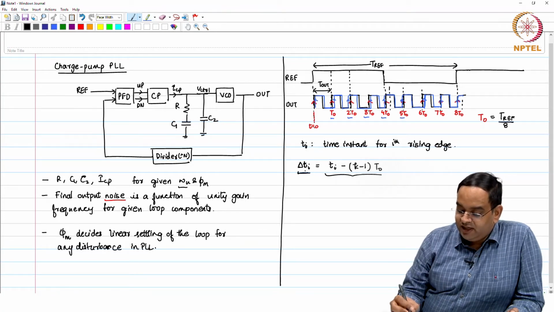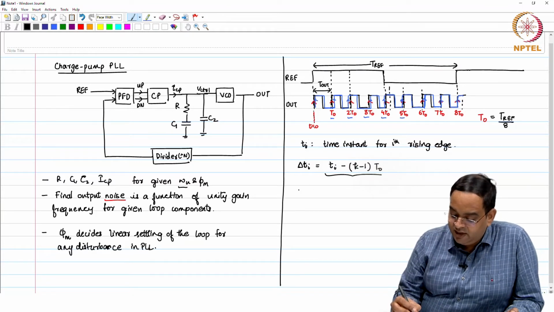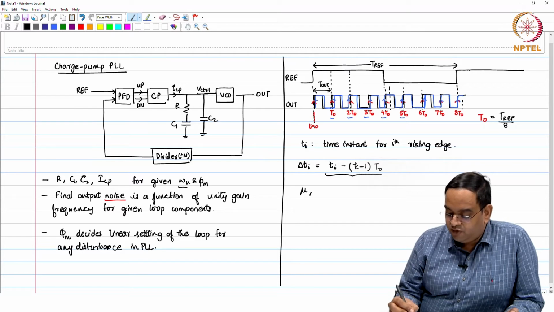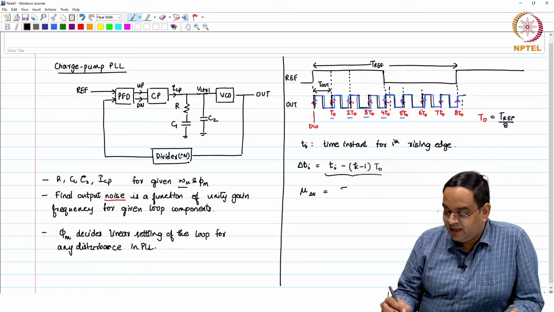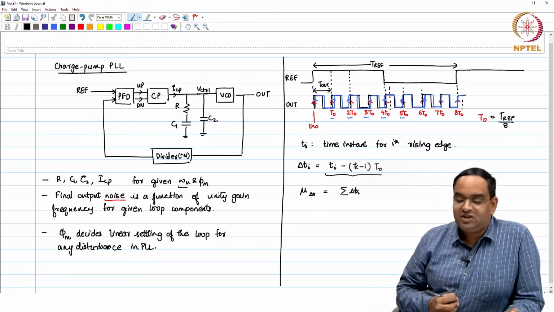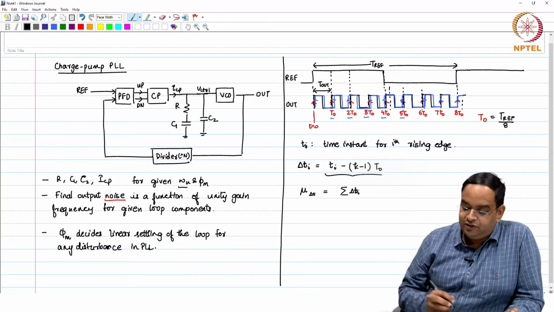This is the variation in time domain. Then you define all the other parameters for this delta T_i, the mean value of delta T_i, which will be defined as the mean of delta T_i. If your system is locked, then the mean value is going to be equal to 0.